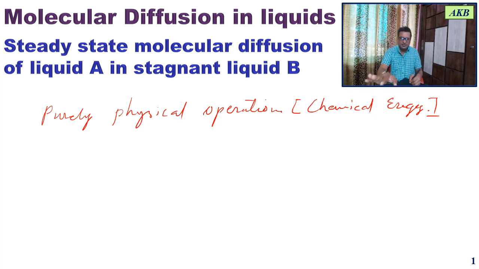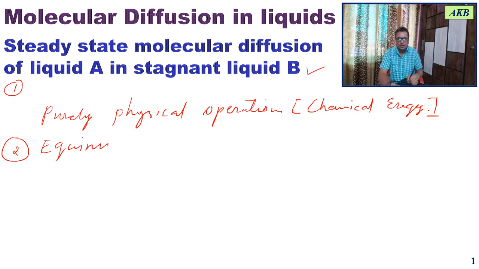The first one is steady state molecular diffusion of liquid A in stagnant liquid B. The second case that is very common is equimolal counter diffusion of liquids A and B.